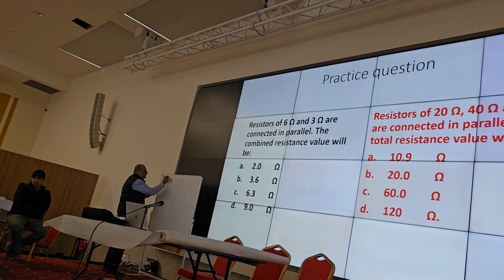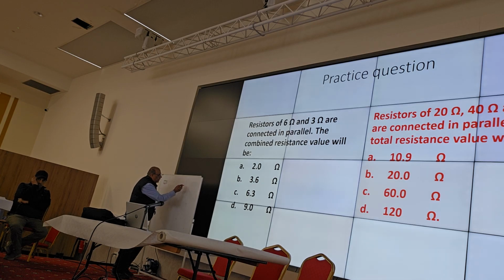So 1 over R total equals 1 over 6 plus 1 over 3. 1 divided by 6 is 0.1667, and 1 over 3 is 0.333.